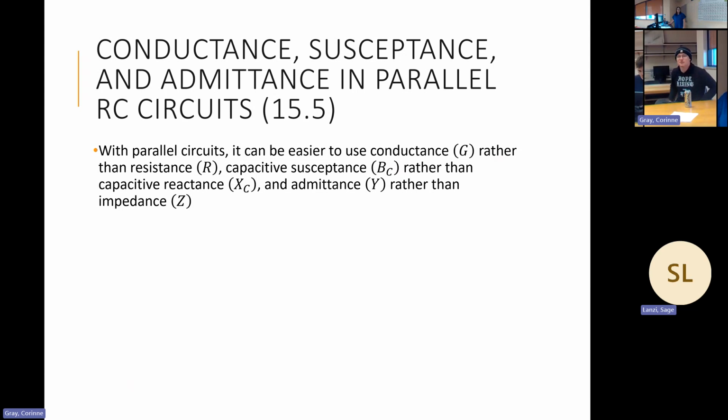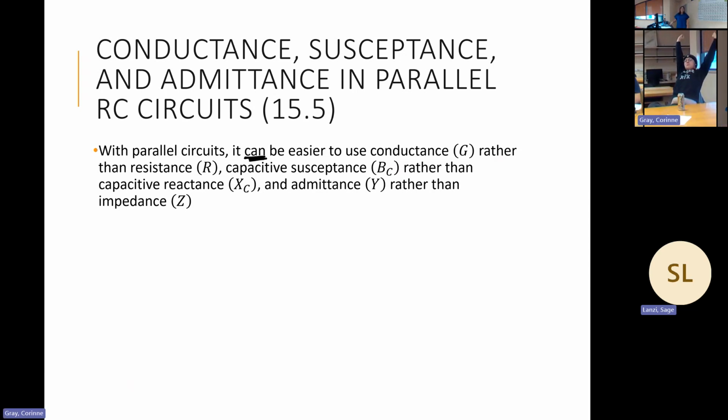Oh, sorry, that's on the next slide. So this one here talks about when you might want to do them. With parallel, like I said, it might be easier to do this, and this just tells you what you would replace with which. The key thing to look at here is that it won't always be easier, but it can be easier to use these.